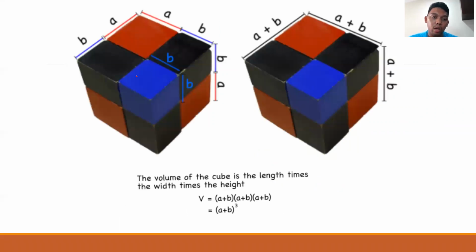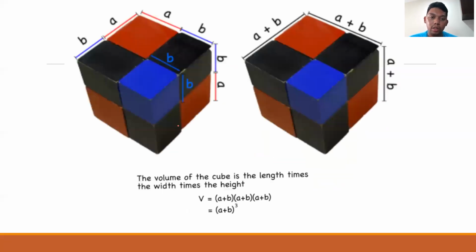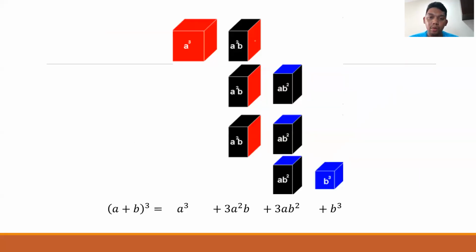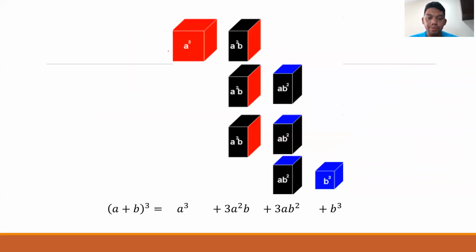Remember that there are 8 figures formed in this cube. We have this in some parts of the cube, and we also have this in some parts, and this one, the blue one, is a smaller cube.